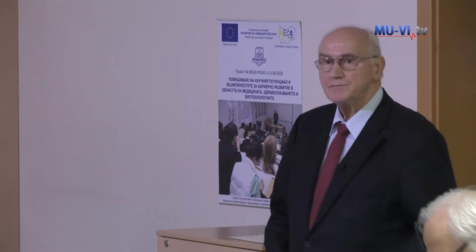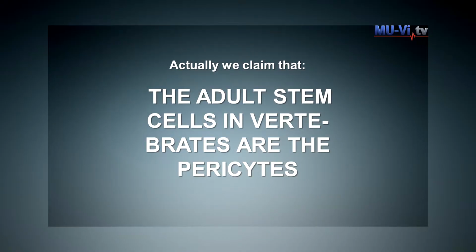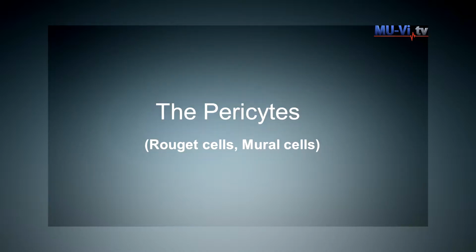There are some new events which show that these cells originate from the so-called pericytes. And this is a new result which we have got after studying the origin of the Leydig cells.